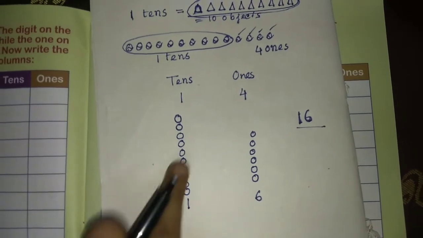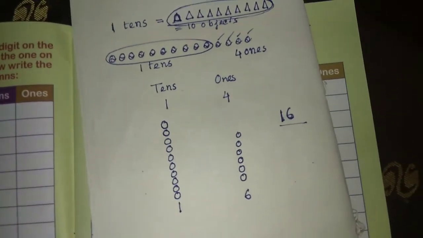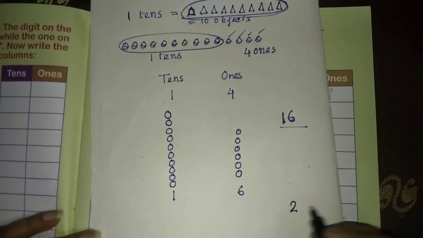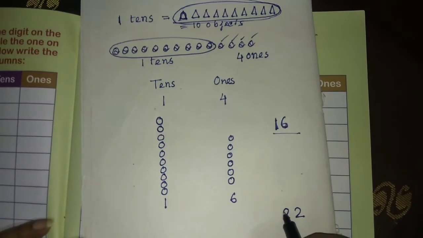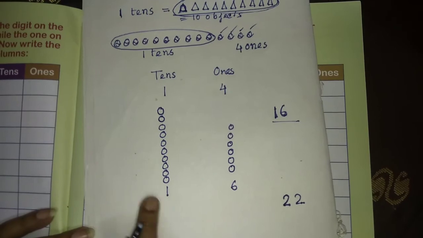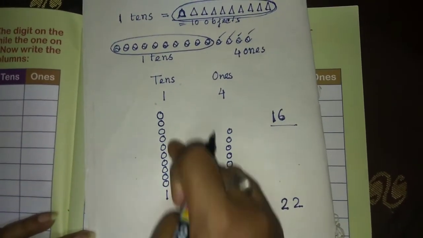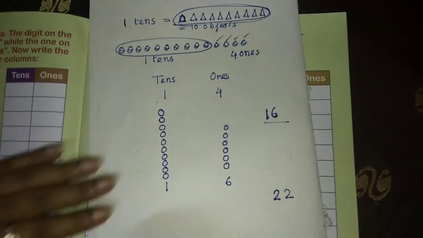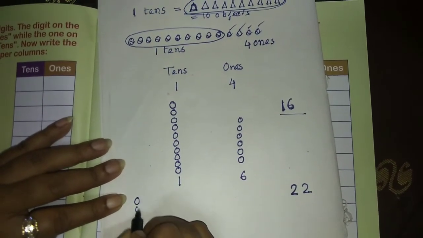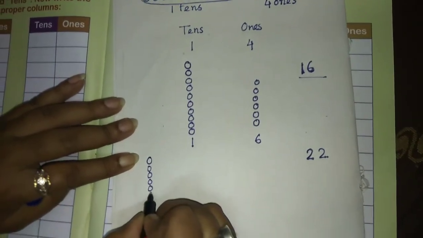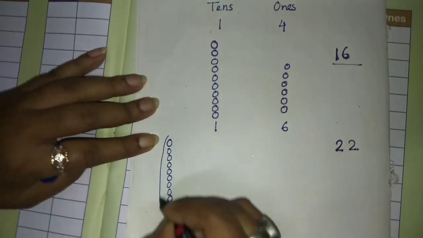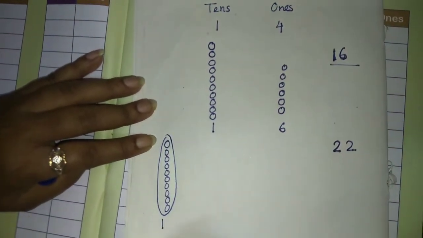Again, you can do any numbers for this type of activity and put them in this column. Suppose I am taking 22, then here is 2 tens. 1 tens means 10 objects are here. Look here, 1, 2, 3, 4, 5, 6, 7, 8, 9, 10, that means 10 objects, 1 tens.